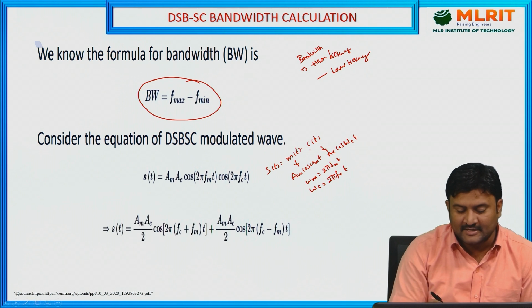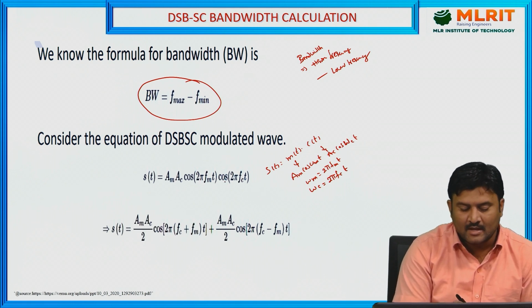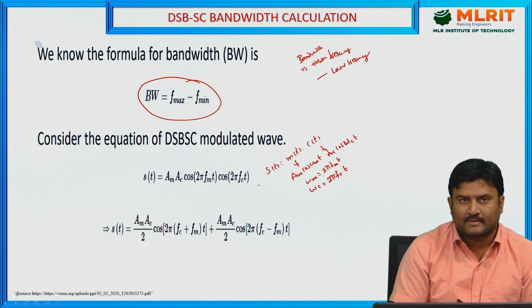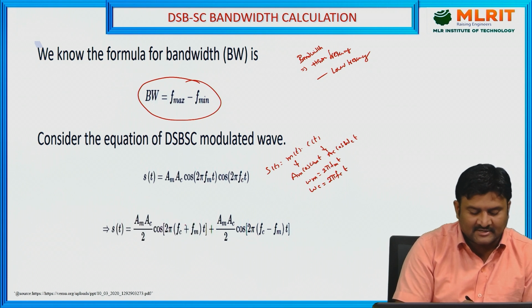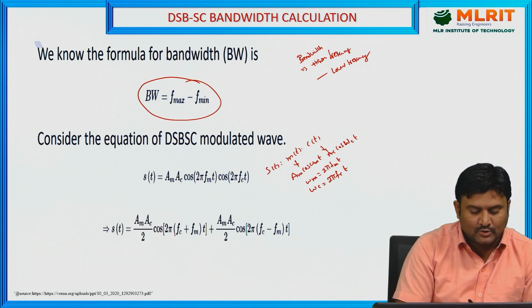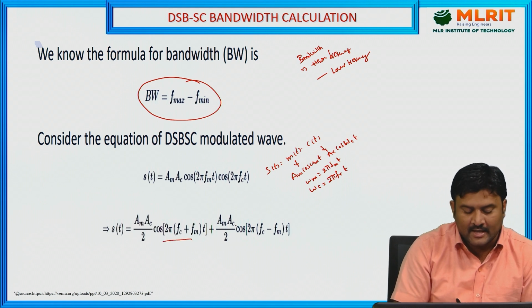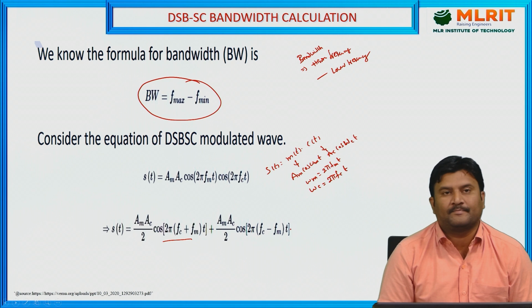Multiplying these two, we get AM AC cos 2 pi fm t cos 2 pi fc t. Using 2 cos A cos B equals cos of A plus B plus cos of A minus B, this is AM AC by 2 cos of 2 pi fc plus fm into t, plus AM AC by 2 cos of 2 pi fc minus fm into t.